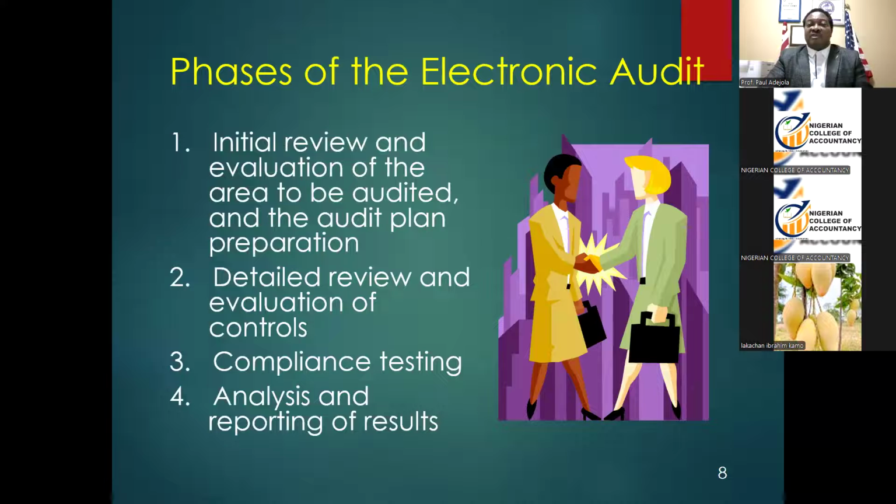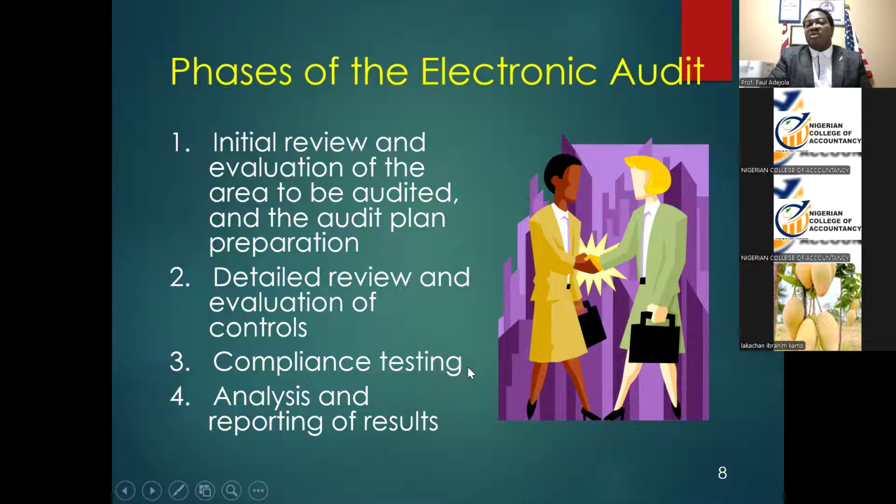See the phases of the electronic audit: internal review and evaluation of the area to be audited, because sometimes it may not be a statutory audit, it may not be complete. It may be an interim audit, maybe you do it quarterly, there are some organizations like that, or you may have a specific area, maybe you want to audit payroll or salaries, so you concentrate on that area. Then detailed review and evaluation of controls, compliance testing.